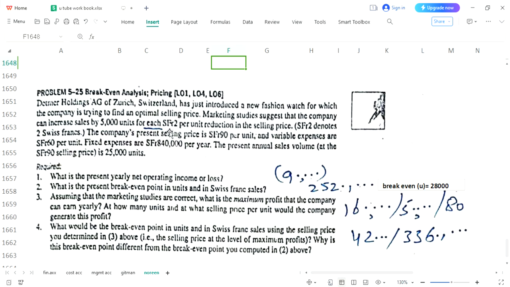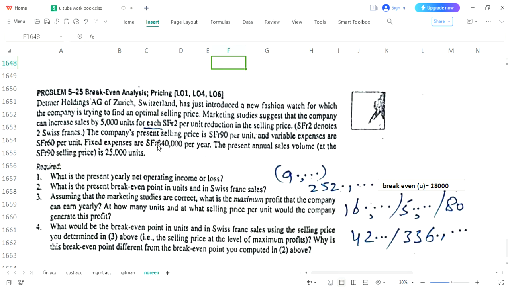Just ignore it and use it as a currency unit. So just consider 5,000 units. If you want to increase your sales, you will decrease the selling price by $2 per unit. He is also explaining that it's a Swiss franc, the currency name.